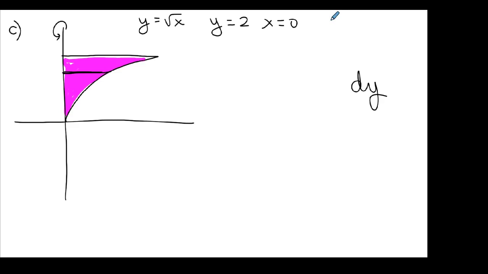This region is bound by the axis of rotation. There's no space between it. That makes it a disk problem. So for a disk problem, I want pi times radius squared. The radius of this disk in terms of y is y squared minus 0.